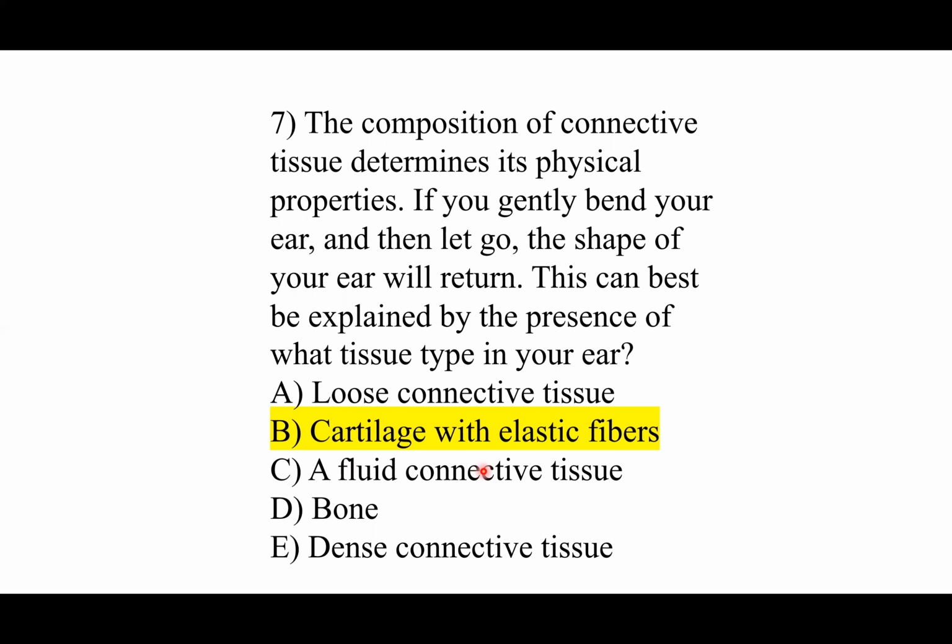Bone, no. A fluid connective tissue. Remember, fluid connective tissue is with blood. And yeah, there's blood in the ear, but it doesn't really contribute to the fact that the ear's shape will return once you bend it and let go. Loose connective tissue is just an array of fibers in a soft matrix. So the key here is really the word elastic, because the shape of the ear bounces back.